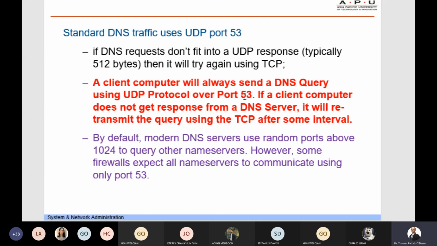So the way that DNS works is that it's going to default to UDP. But if something doesn't come back over UDP, we'll time out waiting for that one, and then we'll send a TCP request because the response may be too big for a single packet.